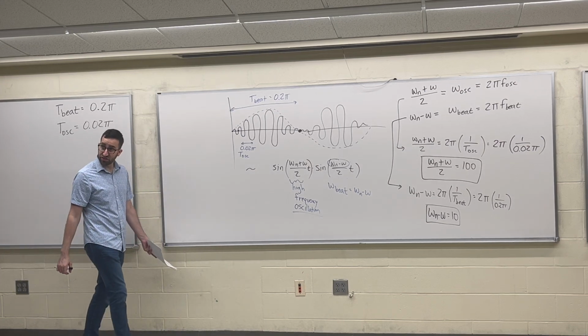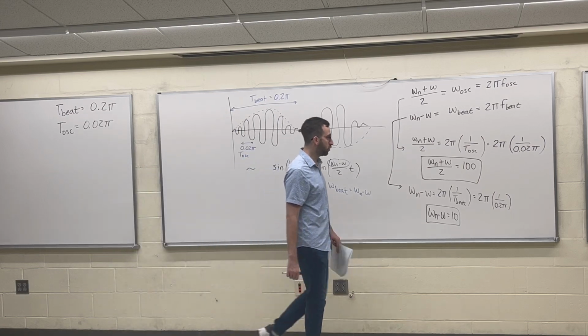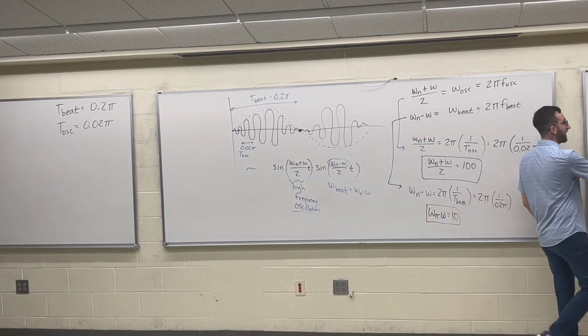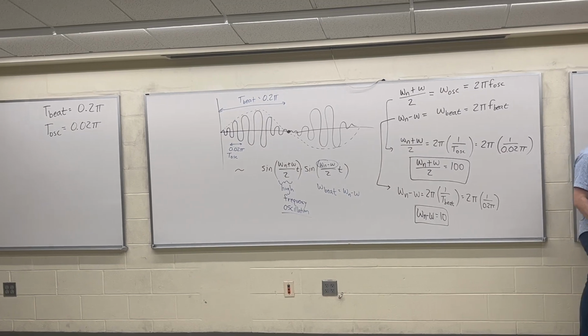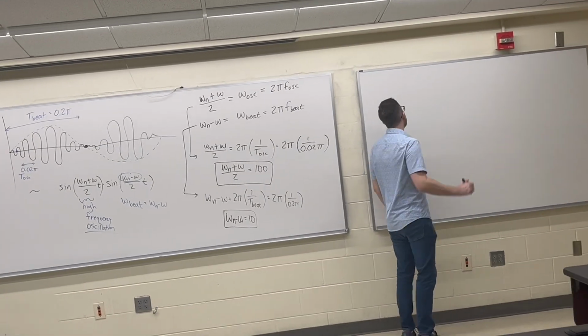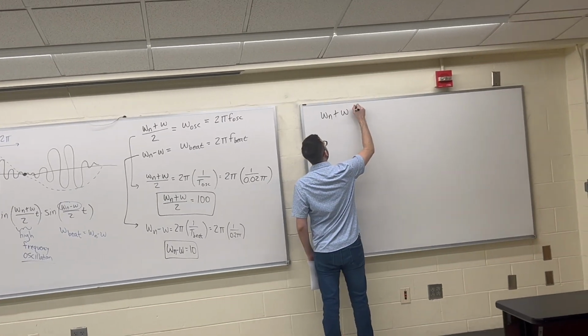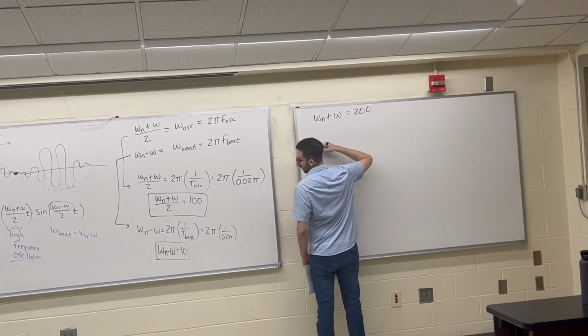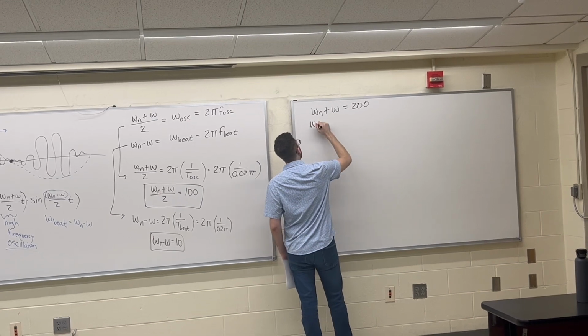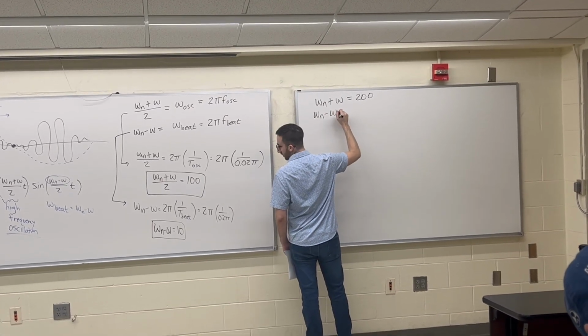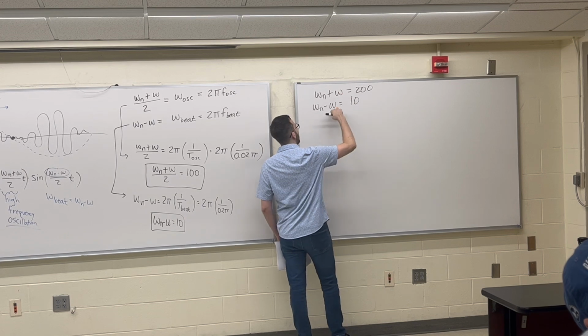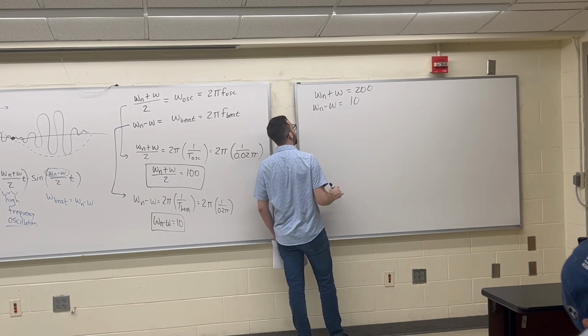Now we have a system of equations we can solve. We have two equations, two unknowns. If I bring the 2 over to the other side, I don't know if the camera can see me. Can it see me, Charbel? So omega n plus omega is 200, then you have omega n minus omega equal to 10. We can add these equations together to eliminate omega.